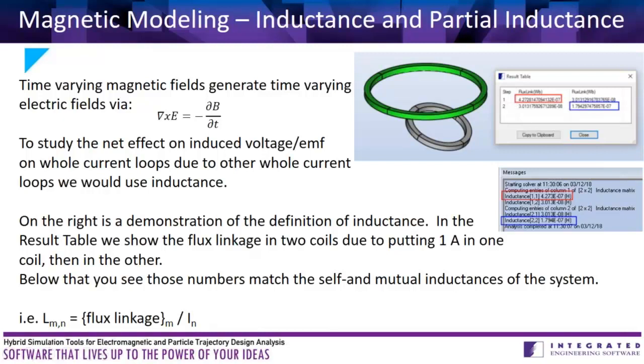Which is as it should be. It's satisfying the definition. So we can really look at it either way, but rather than having to manually put current in and out of different coils, the inductance mode lets us simply pull it all off in one shot.